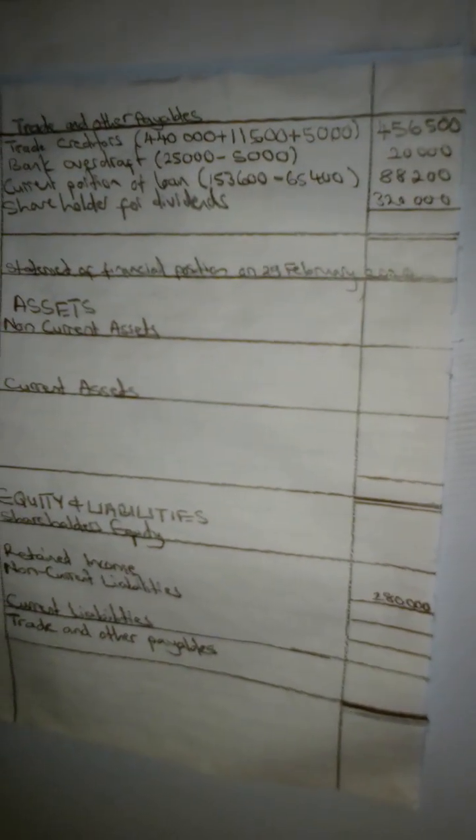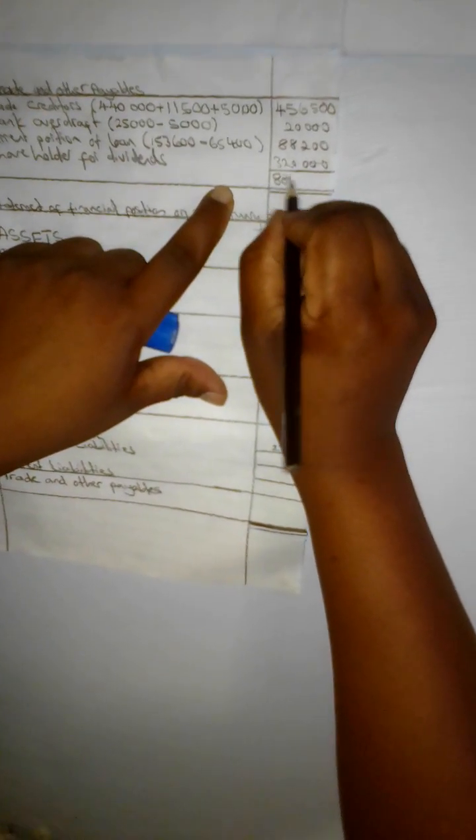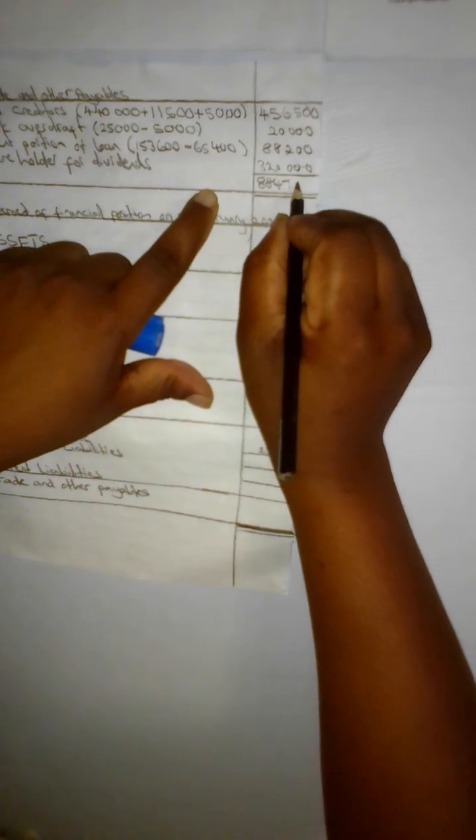So let's add everything and check with our calculator exactly how much we are going to get at the end. After adding everything for the trade and other payables, we get 884,700.